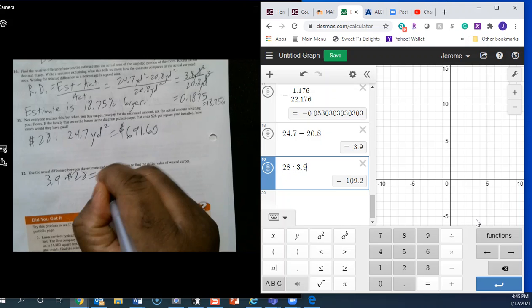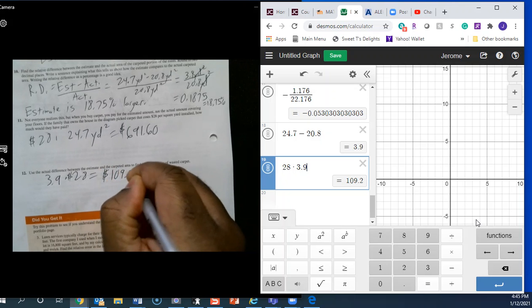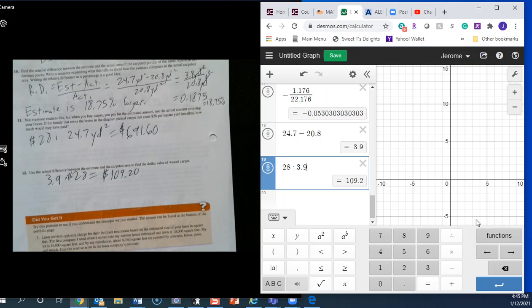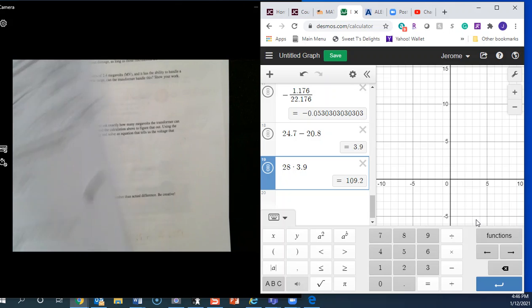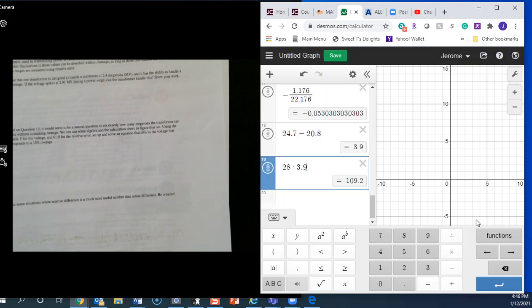So you would pay an extra $109.20. That is a lot of money to pay on something that you're not even going to use.